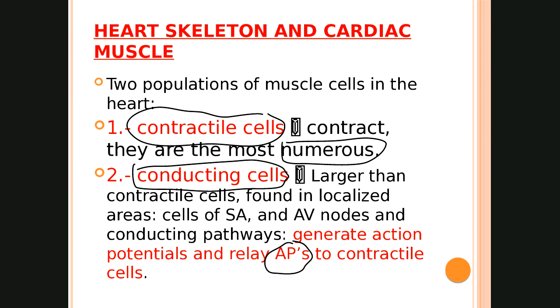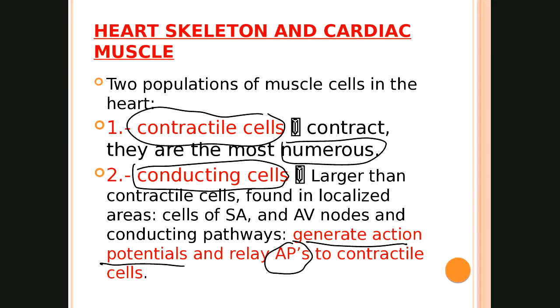Instead, conducting cells, also called nodal cells, are formed very, very early in embryonic development, about 2 weeks in. These nodal cells that are going to be part of the heart are formed. And nodal cells, the minute they're formed, begin to generate their own action potentials.